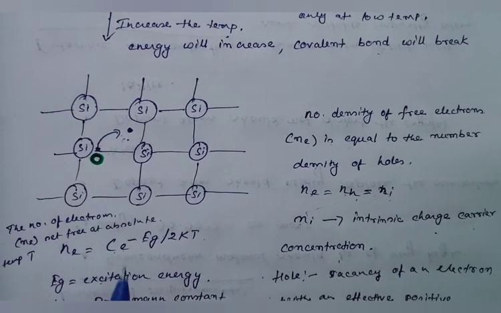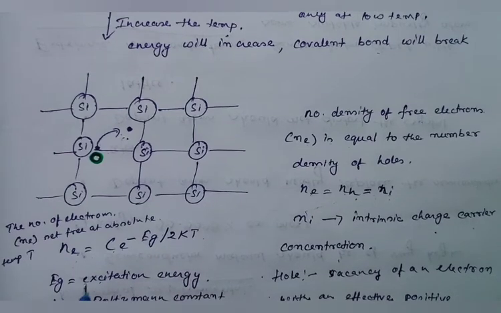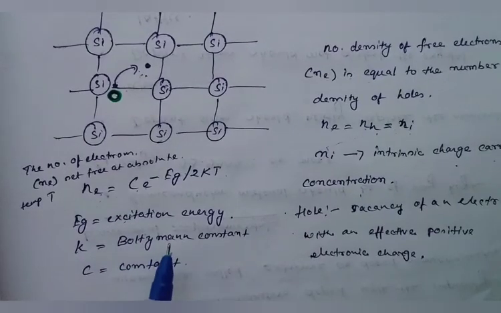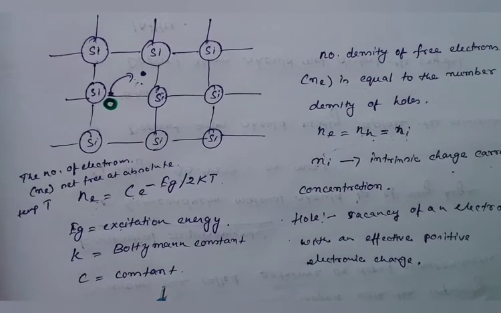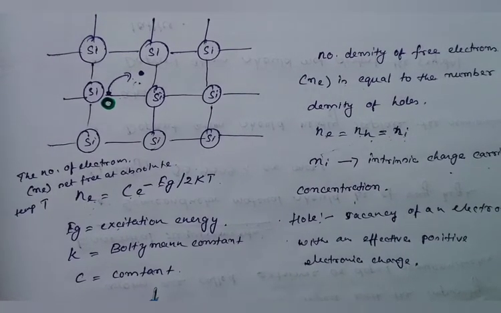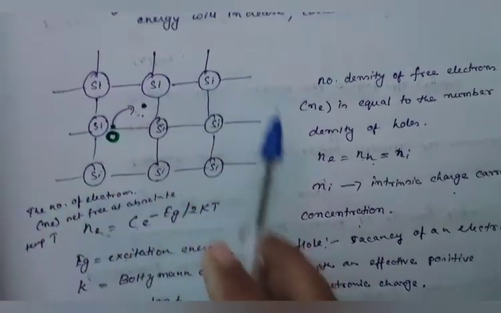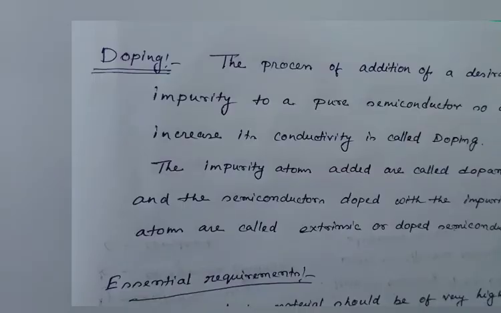So we can find out the number of electrons set free at absolute temperature, that is Ne, by this formula: Ne equal to C e to the power minus Eg by 2kT, where Eg is excitation energy and k is the Boltzmann constant and C is a constant. So this is the intrinsic semiconductor.